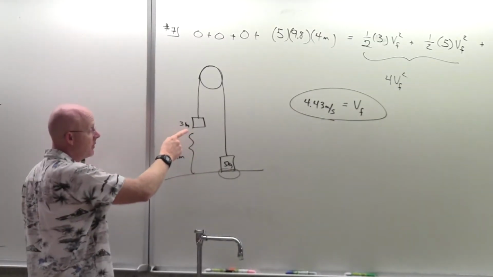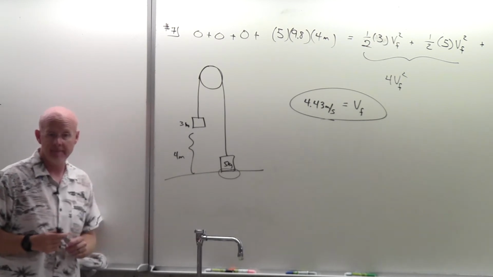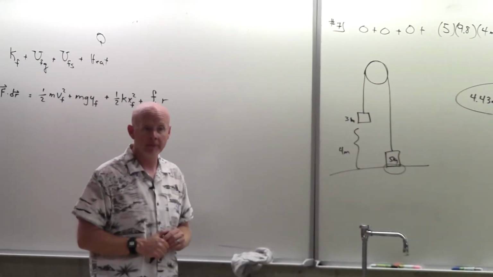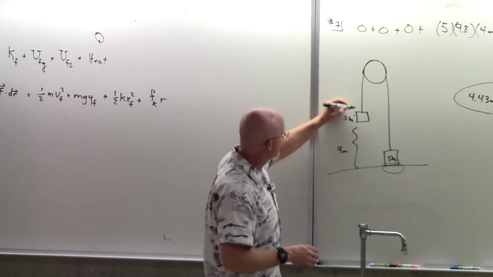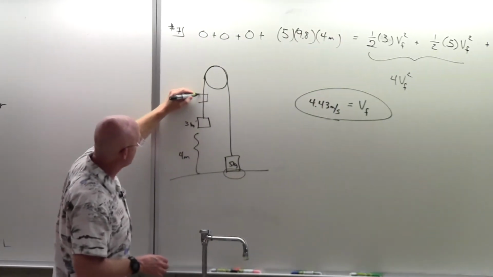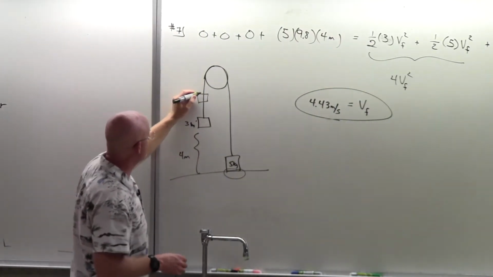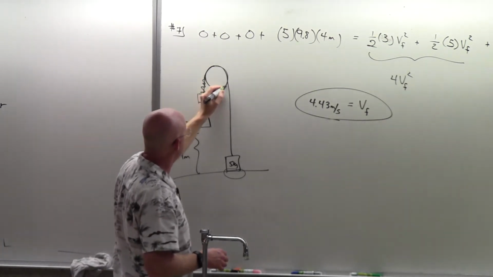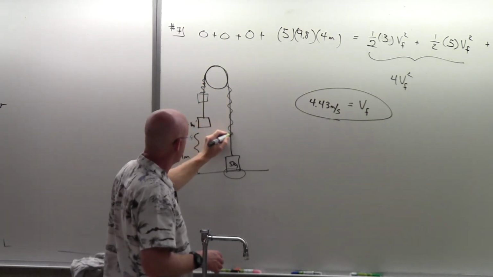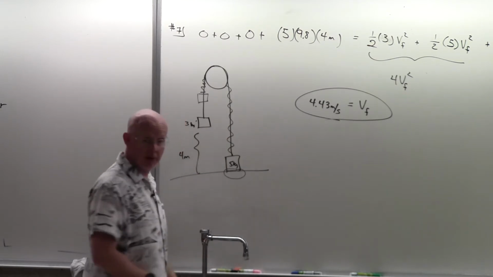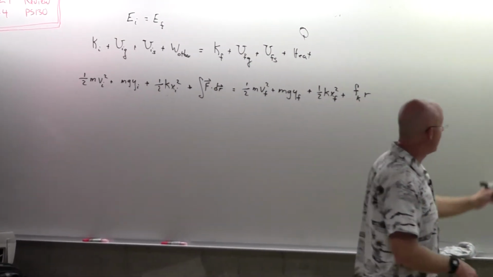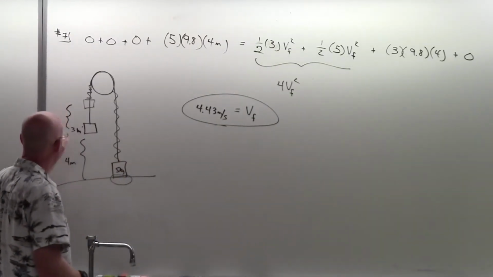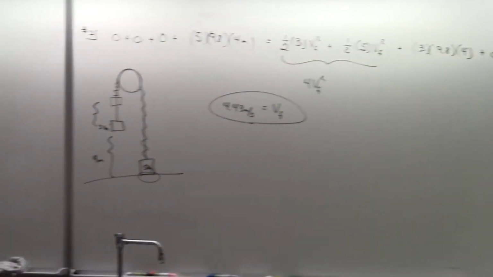What happens to the kinetic energy that's here? Well, exactly. It goes on up. The string itself, of course, probably becomes very loose. But it does continue on up because it has that speed.